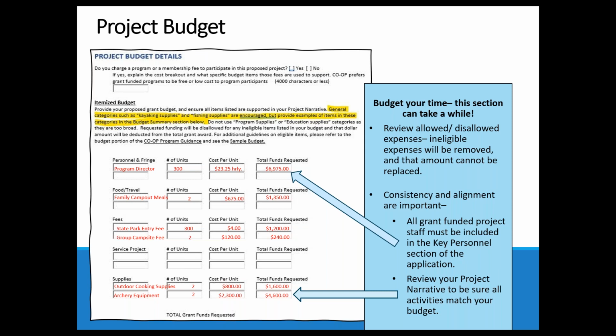They'll mention something like archery supplies, but when we go back to the project description, there really wasn't anything mentioned about archery. So that alignment of your project and all of its different elements is really important, especially here at the end when we're looking at the funds you're requesting for your budget.